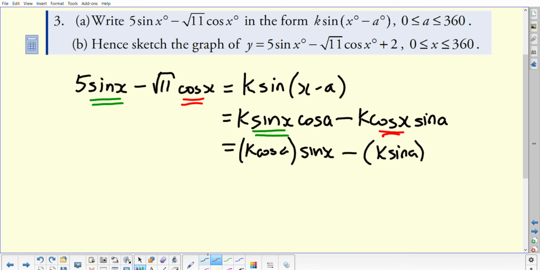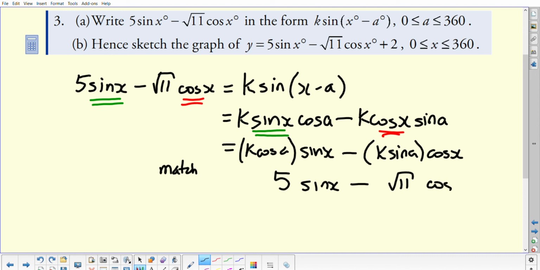So k sine a and your cos x, and you're going to compare with 5 sine x minus root 11 cos x. Because the signs all match here, when you're equating your coefficients, all you need to think about is that those two need to be equal to each other.